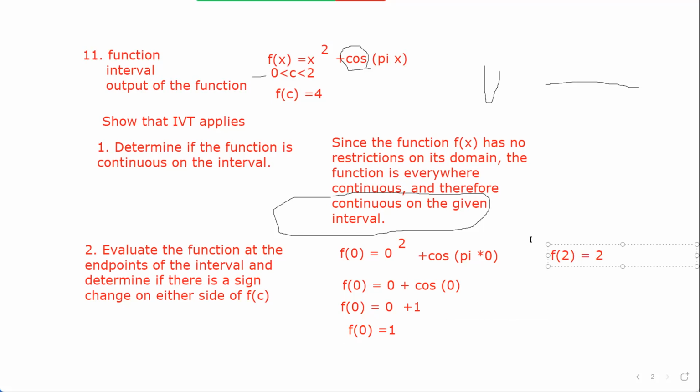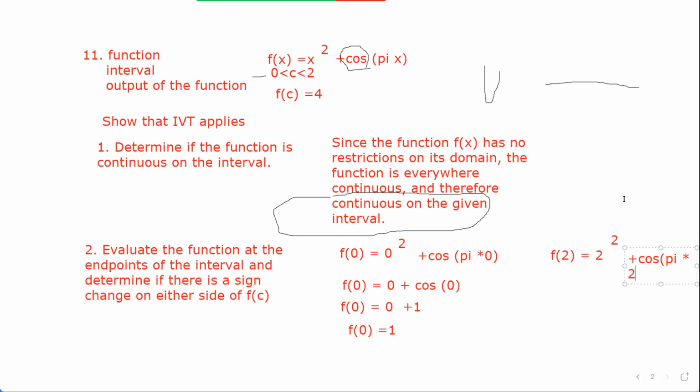I'm writing it out just because I'm assuming that you're going to use this later and you might not remember why you got the answer that you got. So I'm going to write 2 squared plus cosine of pi times 2.